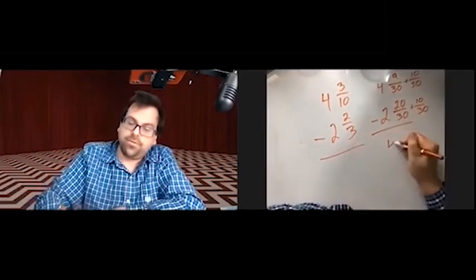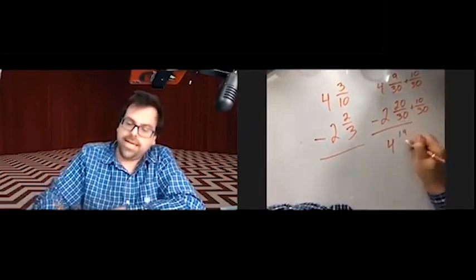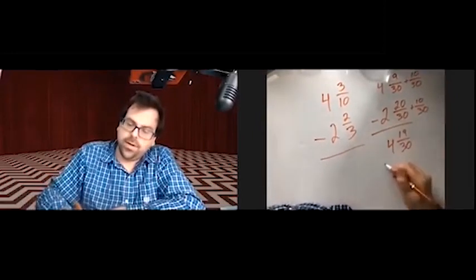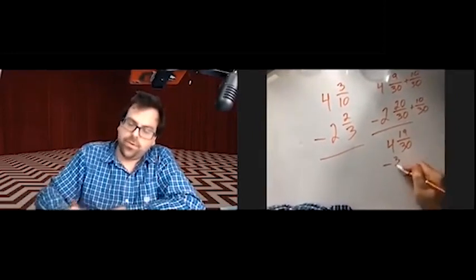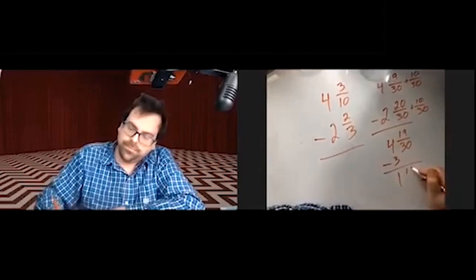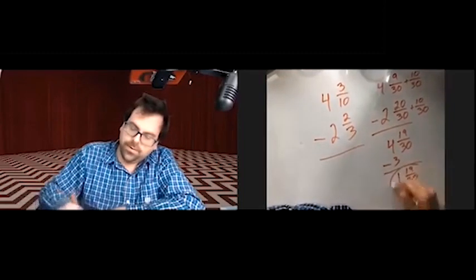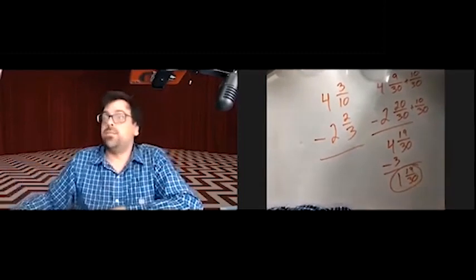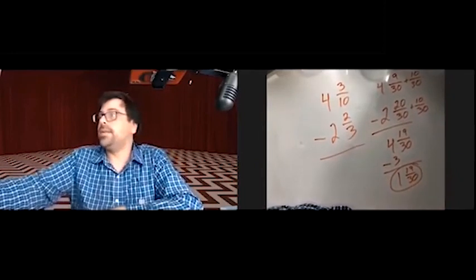That's going to give us 4 19/30 minus 3. So our answer is 1 19/30 minutes longer.